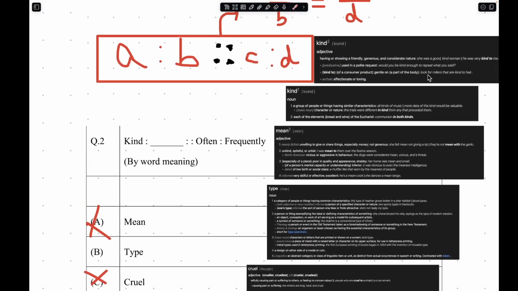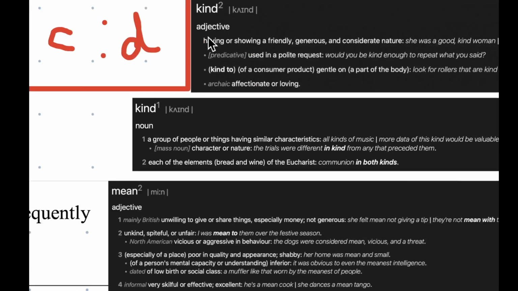So first, these two screenshots basically give us the meaning showing friendly or generous and considerate nature. So talking nicely to the people, that is the first meaning that I told. The second one is a group of people or things having similar characteristics. This is the type meaning, the categorization meaning that I was talking about, right?